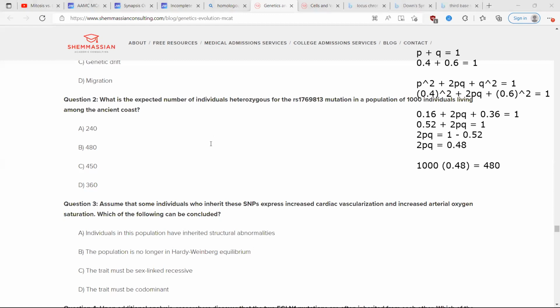This one's really weird. Hardy-Weinberg means no evolution is happening. So they're saying the population is no longer in no evolution, or the population is evolving, right? This is a double negative, so that's basically saying the population is in evolution. That makes sense, though.